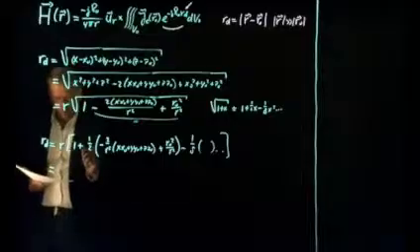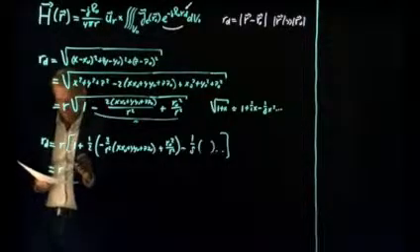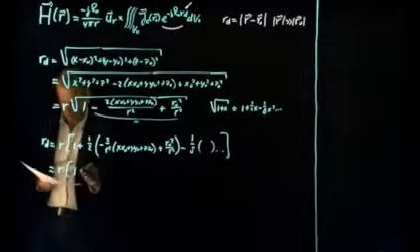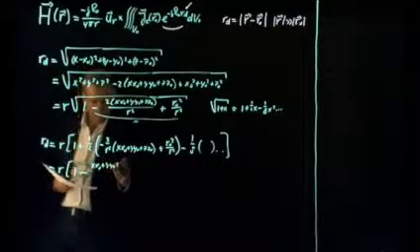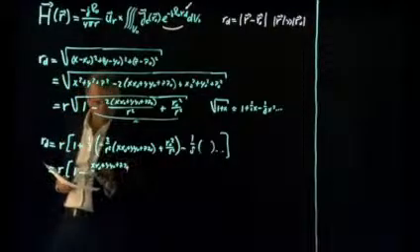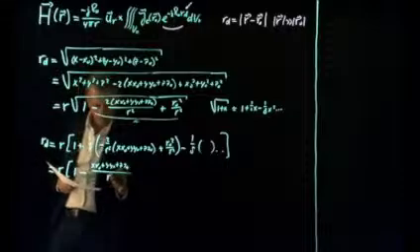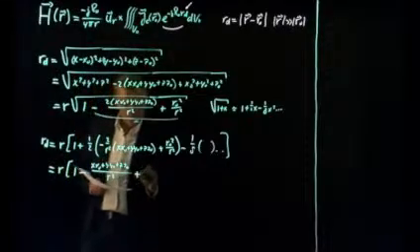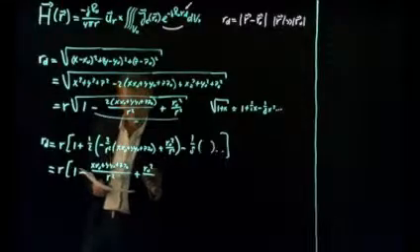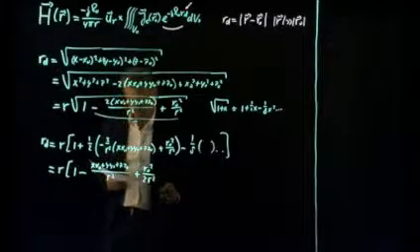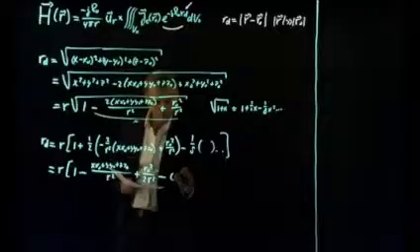This is equal to r times 1 minus x x naught plus y y naught plus z z naught divided by r squared plus r naught squared divided by 2 r squared, minus the higher order terms.